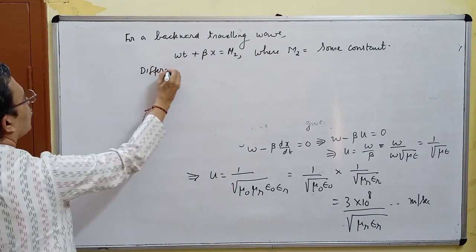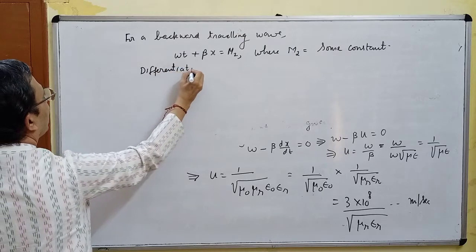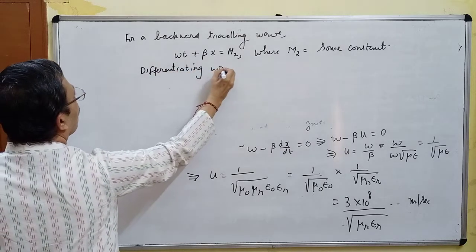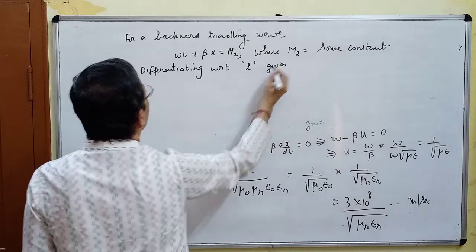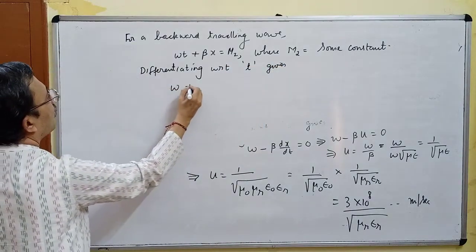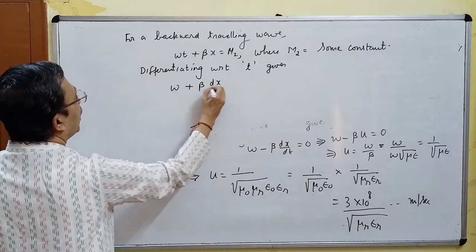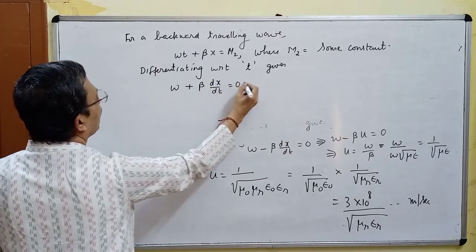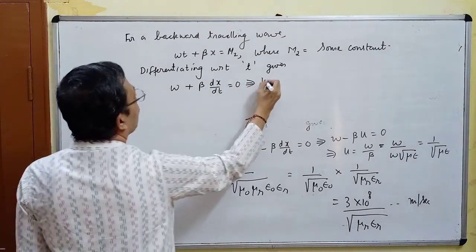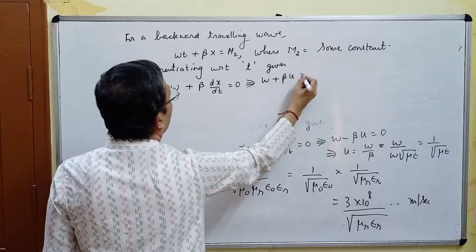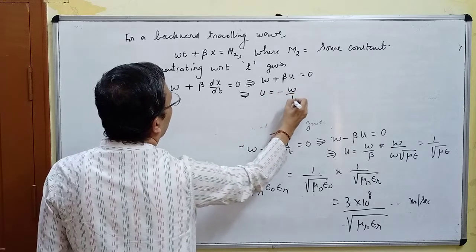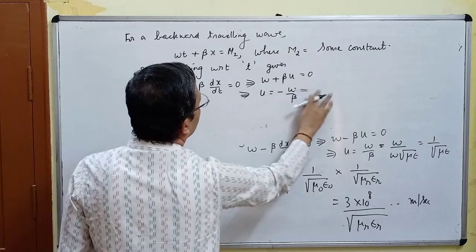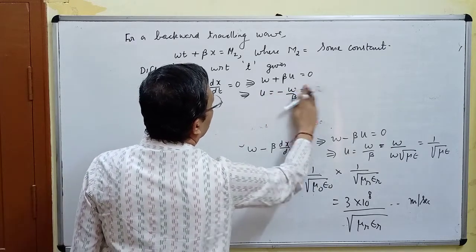Differentiating with respect to t gives omega plus beta into dx by dt is equal to 0. This implies omega plus beta into u is equal to 0. This implies u is equal to minus omega by beta. Correct? Meters per second.